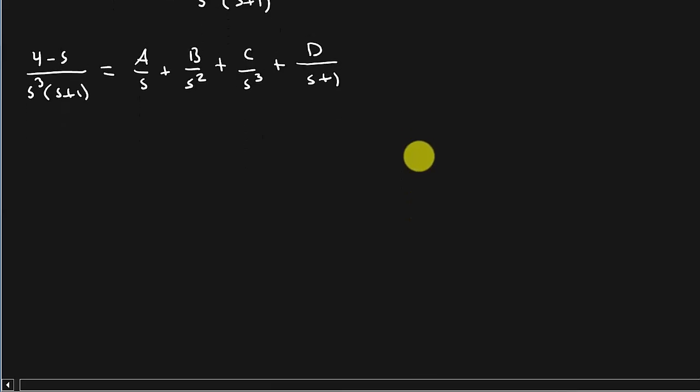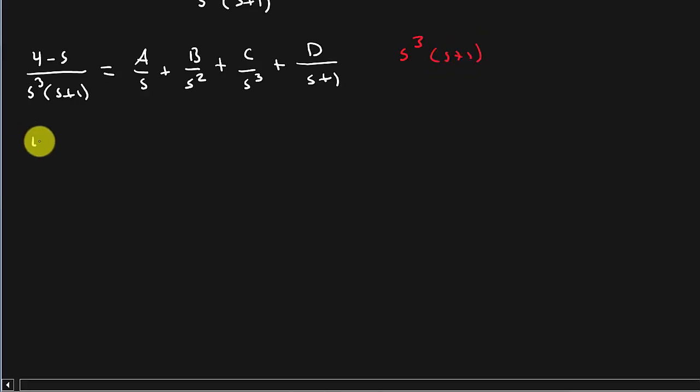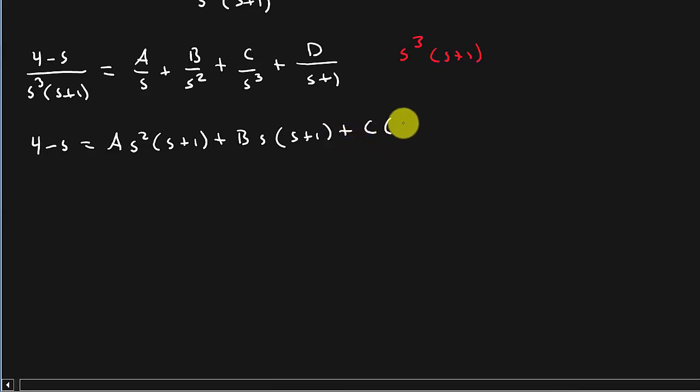And then I'm going to multiply everything by the common denominator, which is s cubed times s plus 1. So that's going to leave me with 4 minus s equals as squared times s plus 1 plus bs times s plus 1 plus c times s plus 1 plus d times s cubed.